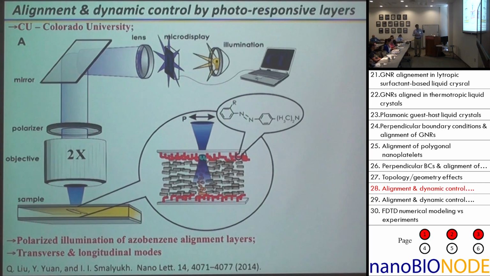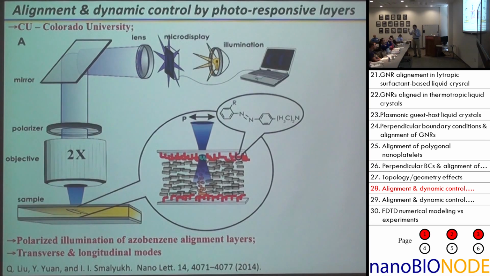And so one unique thing that we can do is to control spatial orientation patterns of nanorods by controlling the liquid crystal using so-called commanding surfaces, right? So we can have this azobenzene-containing monolayer on the surfaces of confining glass cells, which would have molecular units like the one you can see here. Then if you use polarized light and illuminate, for example, through a microscope, we project something like CU that would be on your computer screen from PowerPoint.